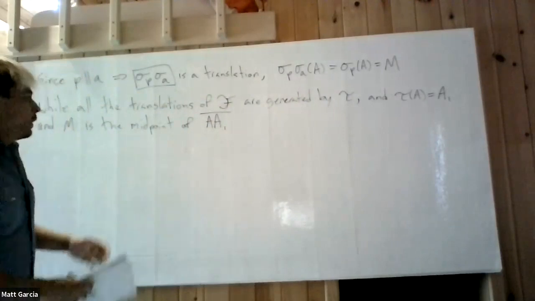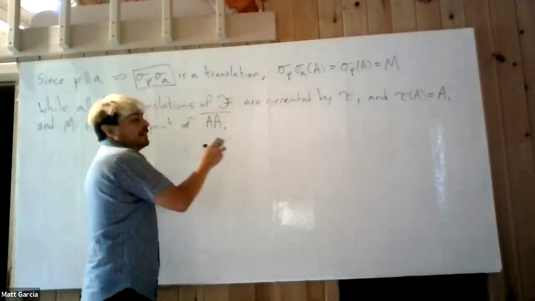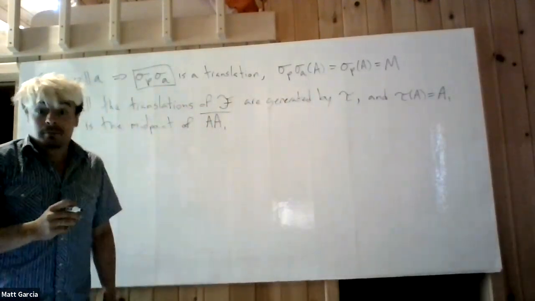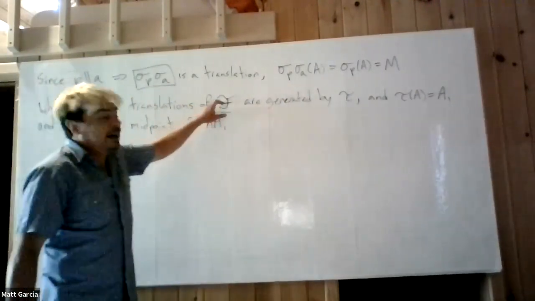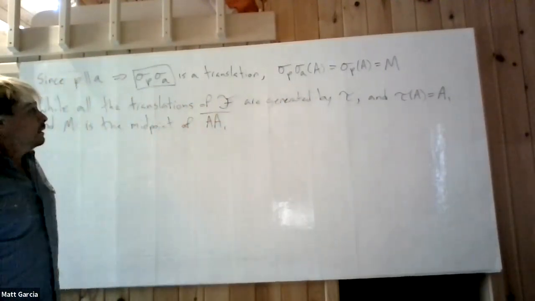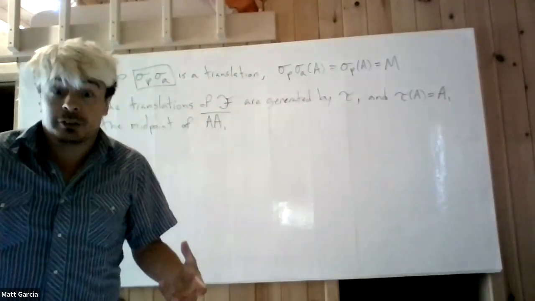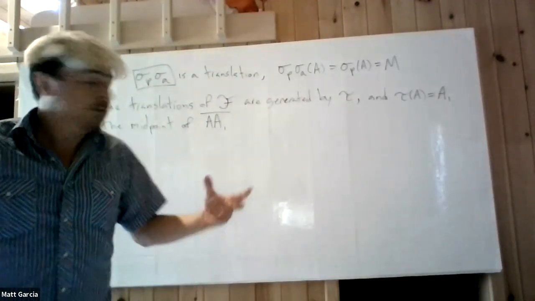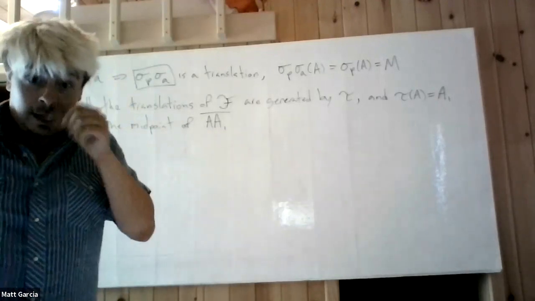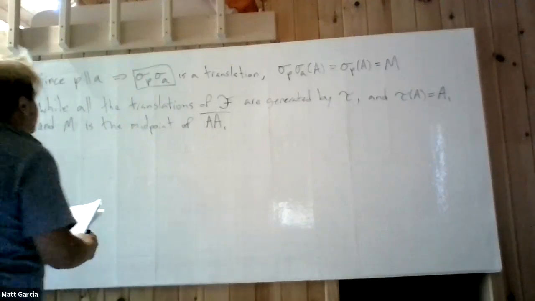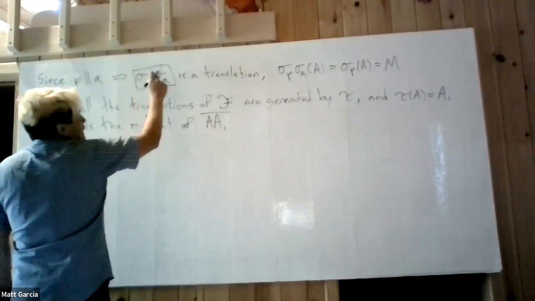So we're always moving by a multiple of the distance from A to A1 for any translation that occurs in F. But if this translation were in F, we would be moving by a non-integer multiple of the distance from A to A1. So therefore, that's why I say F cannot contain both sigma P and sigma A.